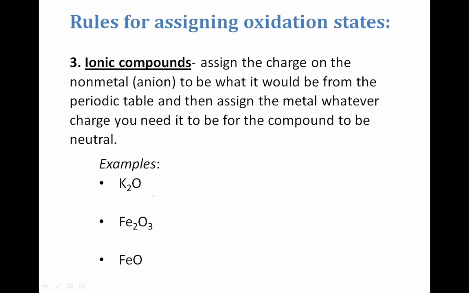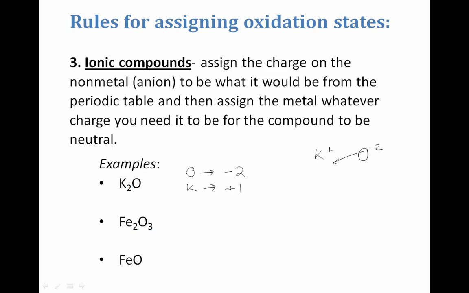So in potassium oxide, our oxygen. What is oxygen's charge normally in the periodic table? -2. So if oxygen's is -2, what does potassium's have to be in order for this whole molecule to be neutral? +1. Okay, can you kind of see that? K+, oxygen -2.